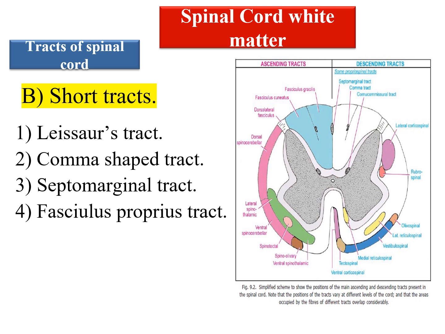In this diagram, we can see that Lissauer tract is present between the posterior horn and the periphery of the spinal cord. Comma-shaped tract is present between the gracile and cuneate tracts and takes the shape of a comma. Septomarginal tract is present at the middle and posterior aspect of the white matter. Meanwhile, fasciculus proprius tract surrounds the gray matter.